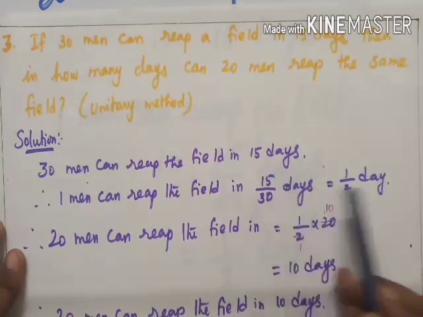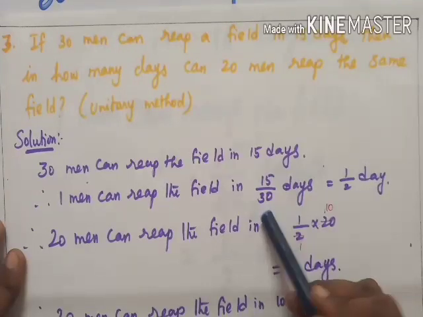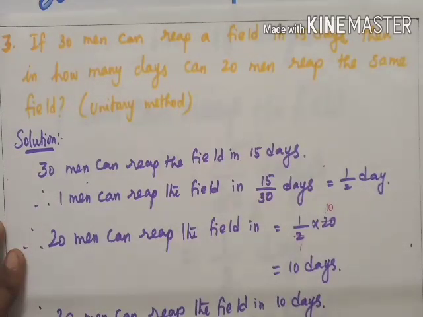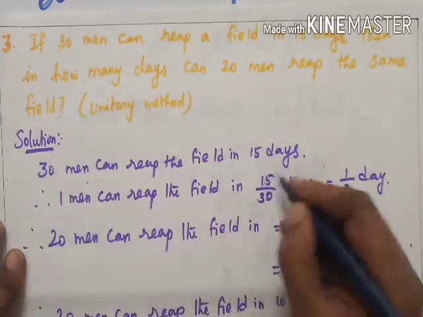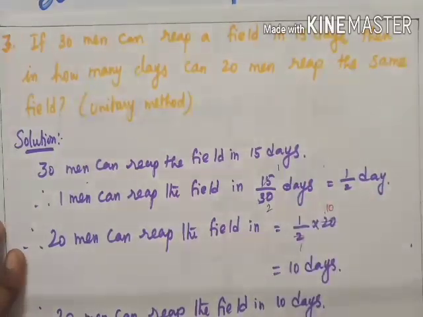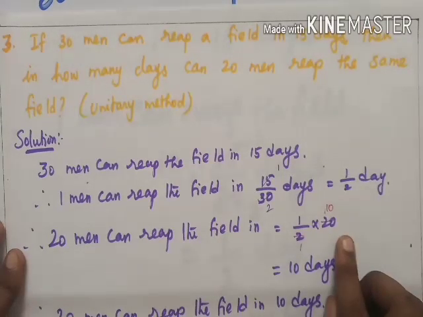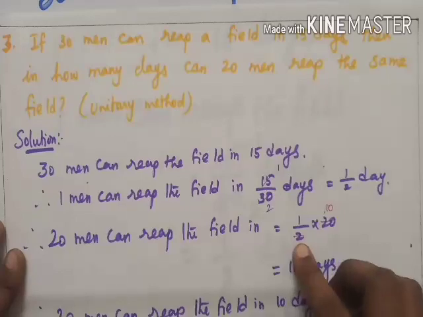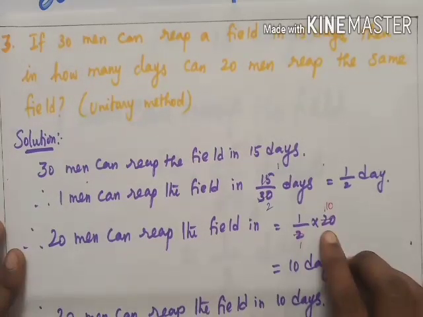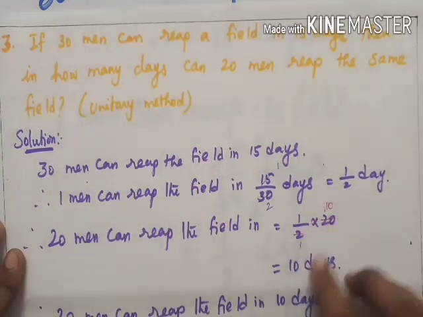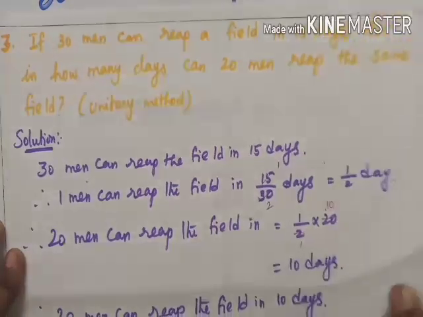That is half day. 1 15 is 15, 2 15s are 30, right? So, half a day. So, 20 men can reap the field in half into 20. Simplify it. 1 2 is 2, 10 2s are 20. 1 into 10, 10 days. Yes, children? Right.